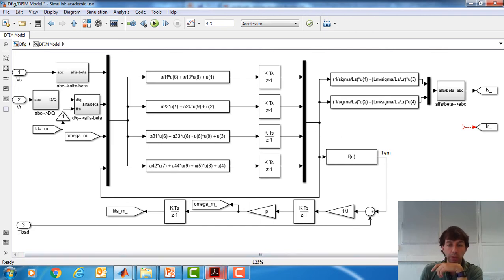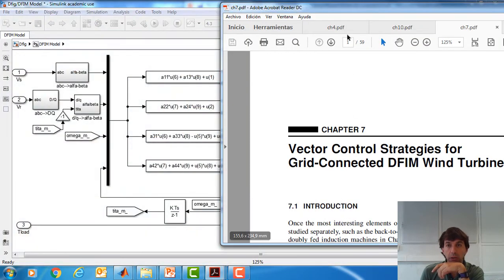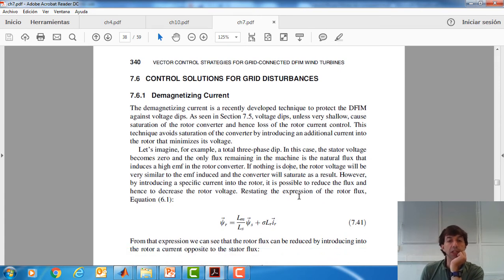In order to do that, we need another equation, which is in, if I'm not wrong, chapter 7, page 38. Yes, here we have one expression that gives us rotor currents in function of stator flux and rotor flux, which is very similar to the previous one.